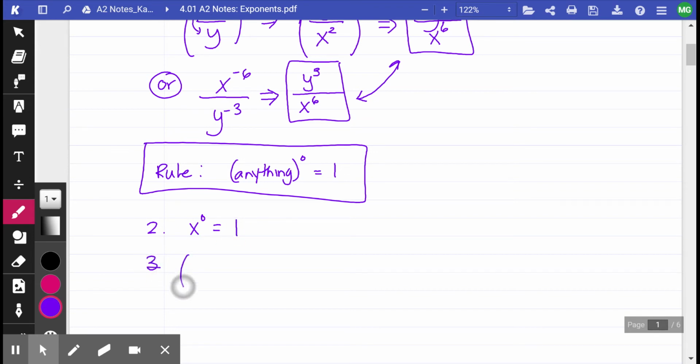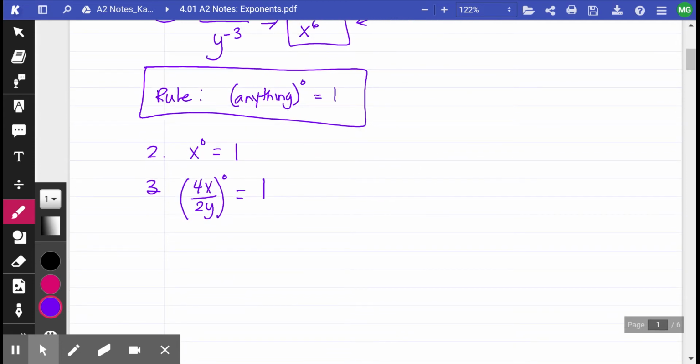If I had 4x over 2y raised to the 0, that gives me 1. The whole thing is being raised to the 0 power. If I have 3x to the 0, y to the 9th, then 3, there's no exponent on it, which means it's to the 1st power. X to the 0 becomes a 1, and y to the 9th. So that would become 3y to the 9th.